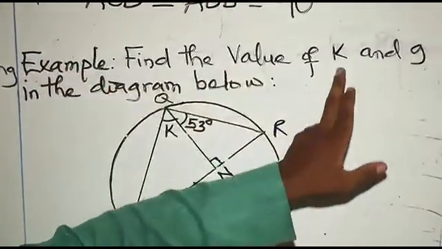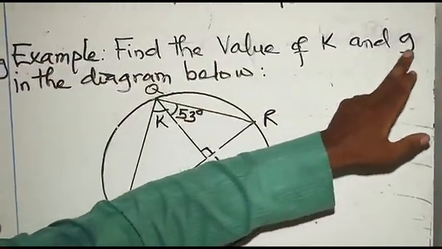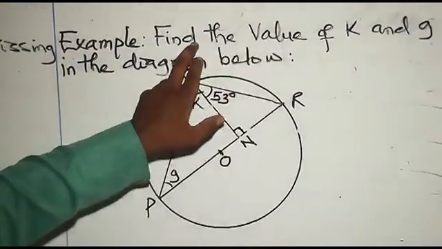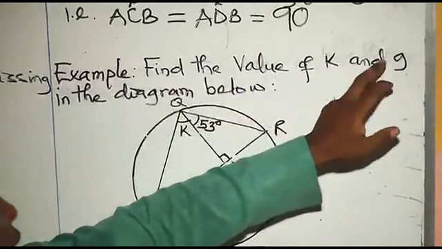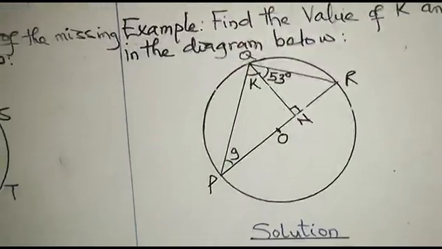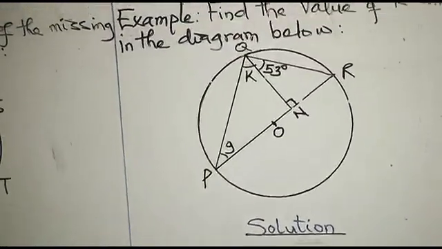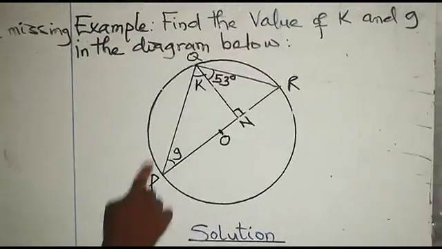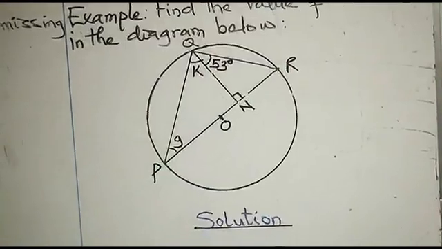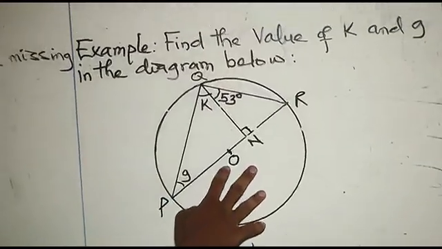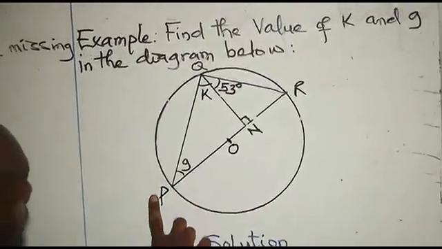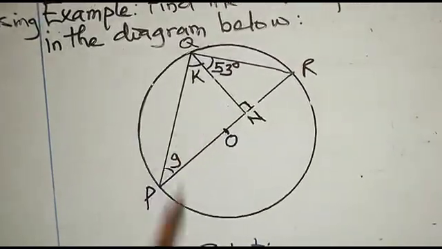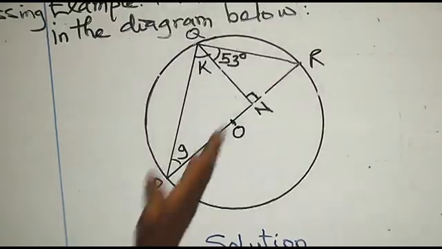Find the value of K and G in the diagram below. Observe the diagram. PQR with center O, and the triangle PQR is a triangle that is formed at half of the circle.